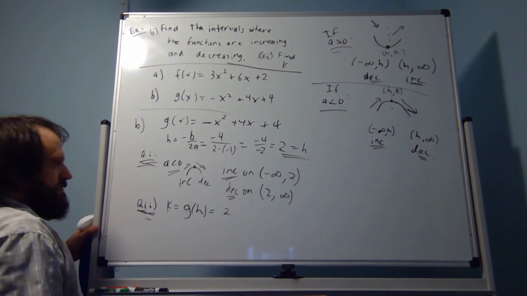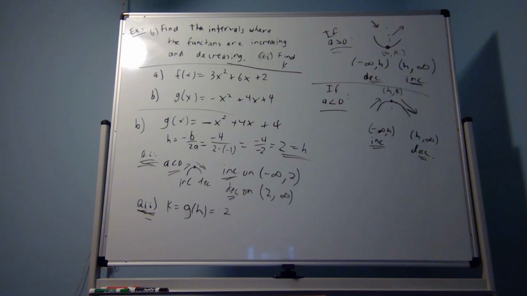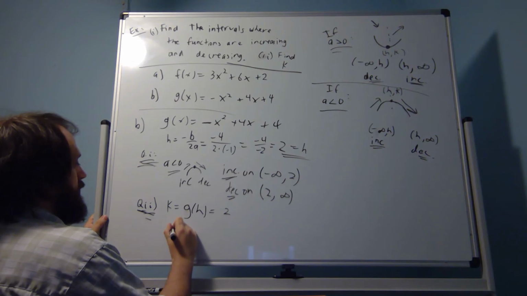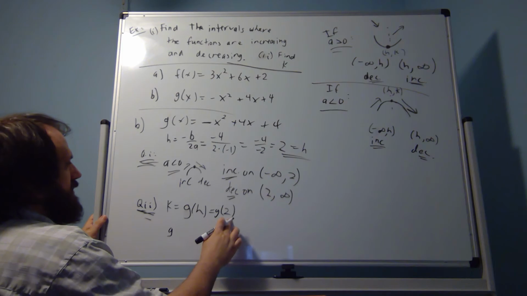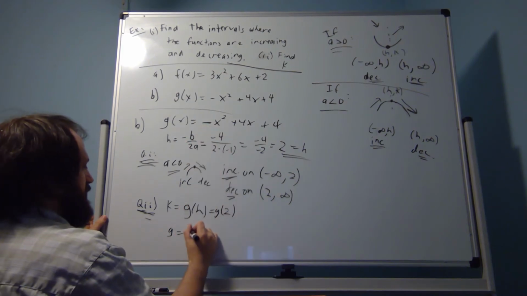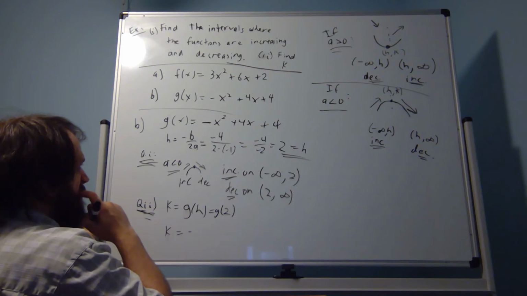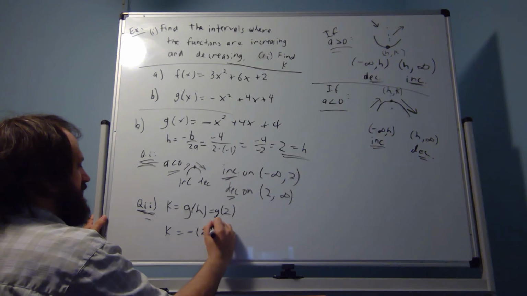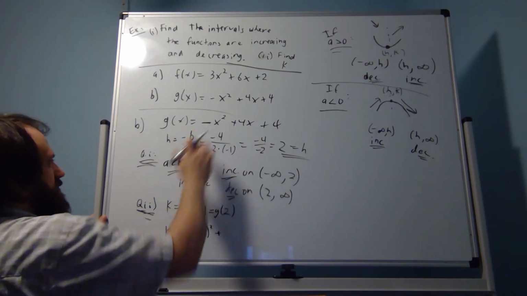Okay, so question number 2 was what's k? How do we get k? We just plug the h value into the function. So g of 2 is the negative from the equation, and then 2 squared. So this negative is outside of the x squared.